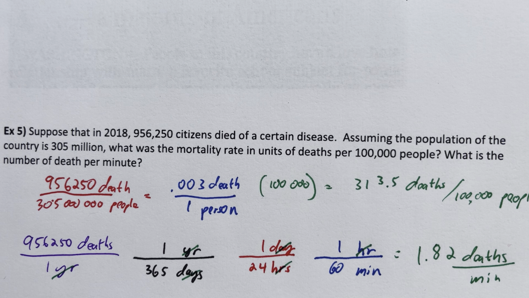A lot of times when we deal with things like death and crime and disease, they'll give you a number per 100,000, because you would expect that areas with more people would have more cases and areas with fewer people would have fewer cases in terms of total number. But sometimes you want to know, is the rate comparable?